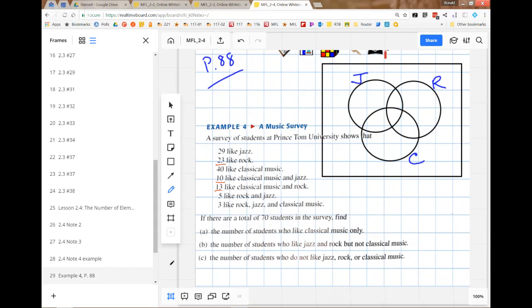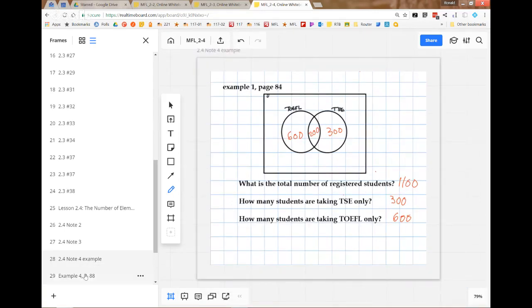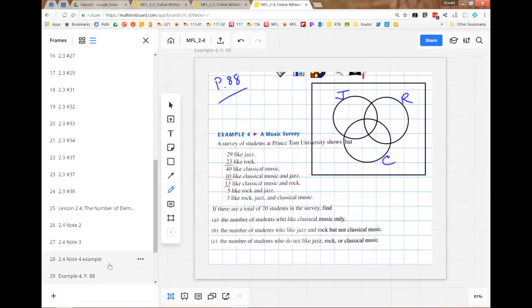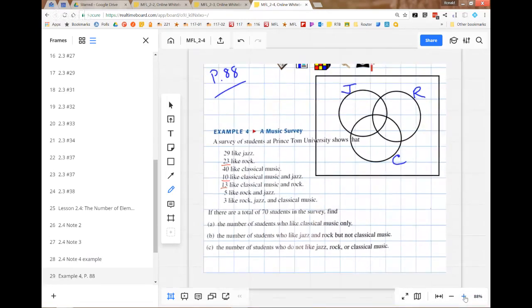So what I did is I made a universal set, and I made 3 circles: J for jazz, R for rock, C for classical. And I have to draw them so that they all intersect. Okay, so based on the really good judgment you used in this example we just did a few minutes ago, where do we need to begin in filling this out?